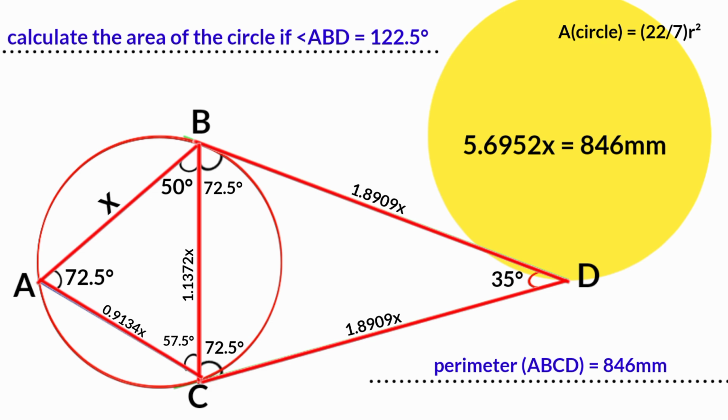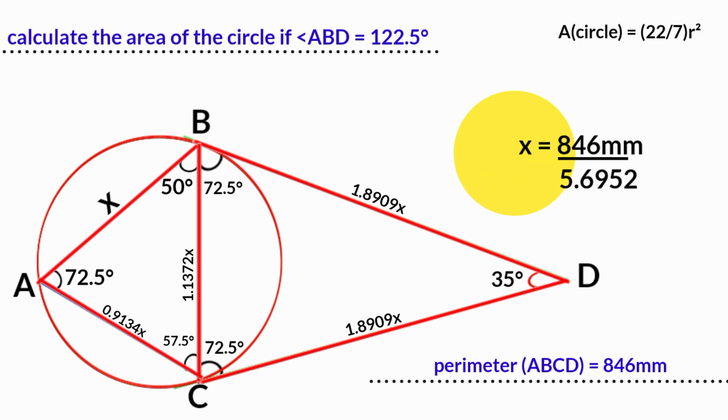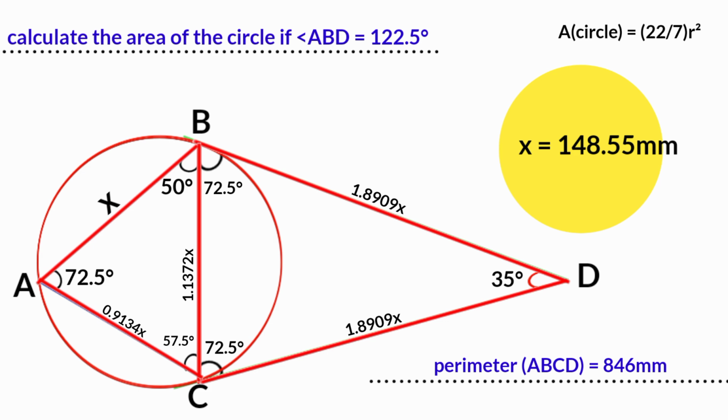Dividing both sides by 5.6952. Now 5.6952x over 5.6952 equal to 846 millimeters over 5.6952. Here 5.6952 cancels 5.6952, and here 846 millimeters over 5.6952 is 148.55 millimeters approximately.